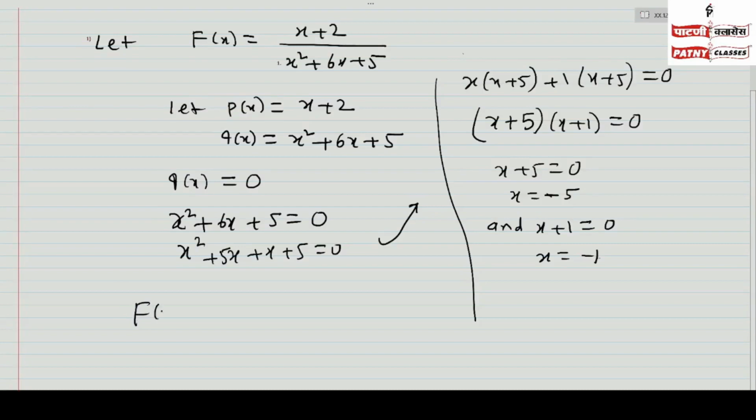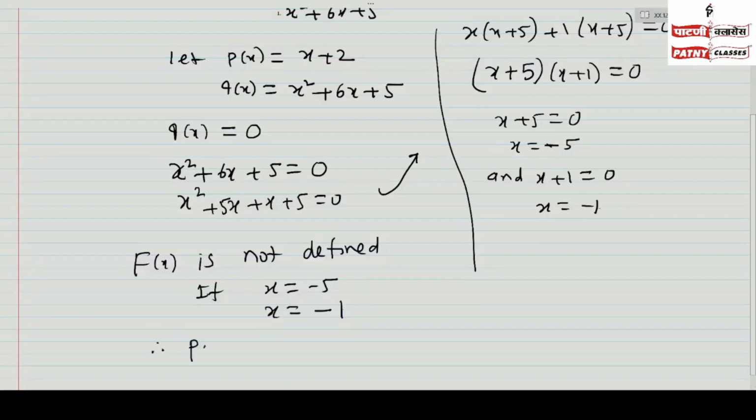Therefore, f of x is not defined if x equals minus 5 and x equals minus 1, and f of x is defined for every other value of x but not defined for x equals minus 5 and x equals minus 1.